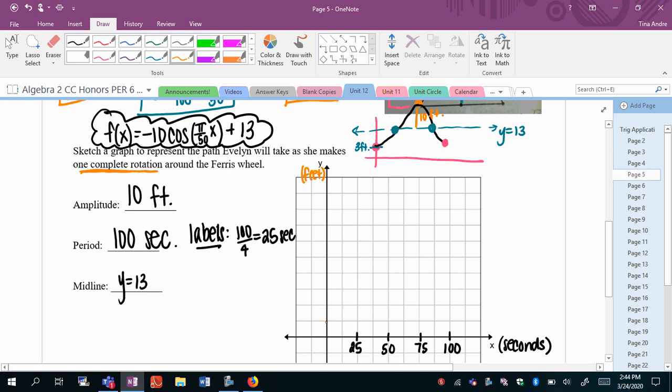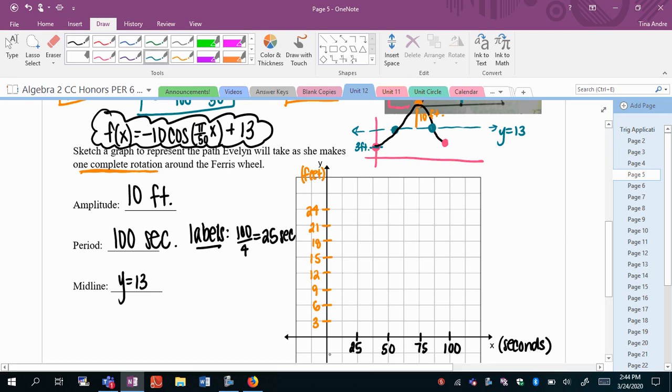So I'm going to go up by 3s. You just have to make sure you can get everything to fit is the main thing here. So I know that the highest point is going to be 23. So let's go ahead and graph it.